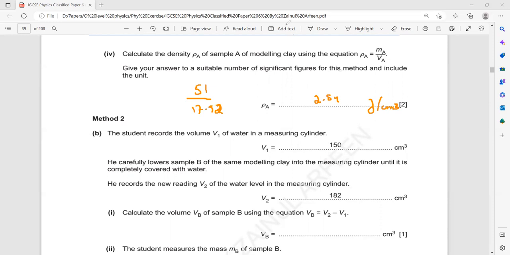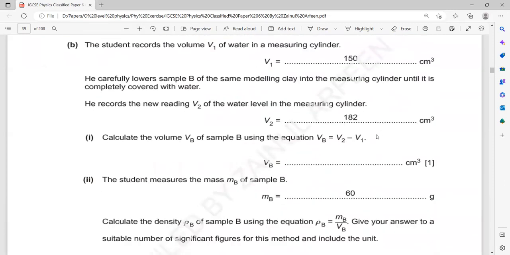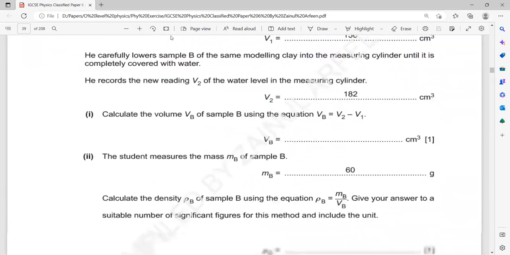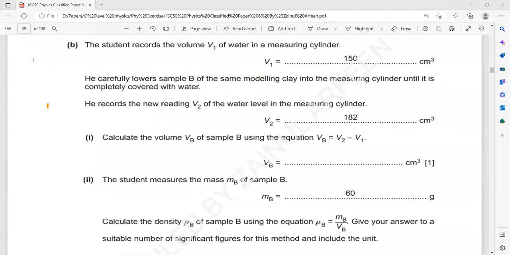Okay. The next one, method 2, the student records the volume using a measuring cylinder. This is the displacement method the student used. The student fills the measuring cylinder with 150 cm cube of water. Then he adds the modeling clay to that.